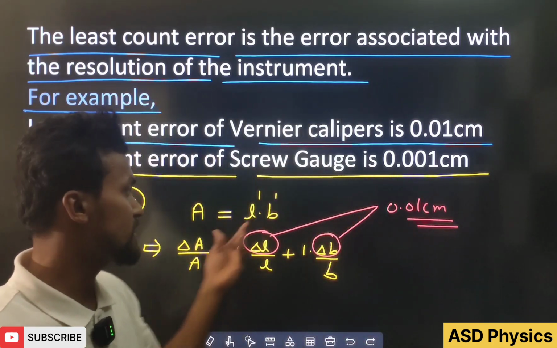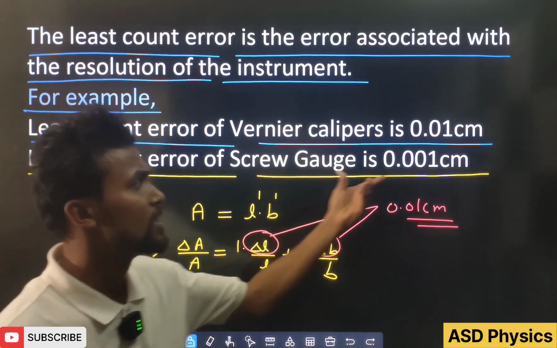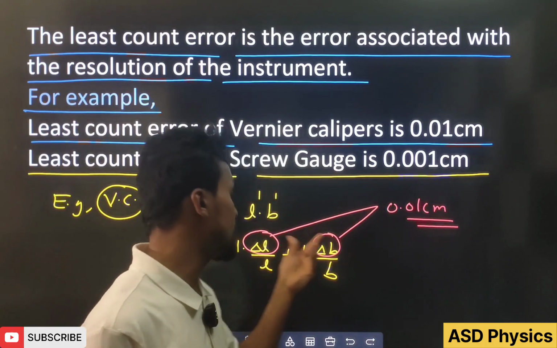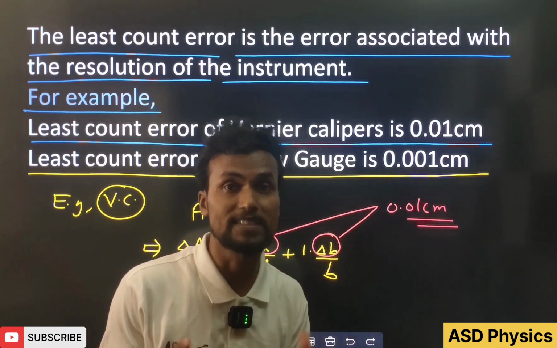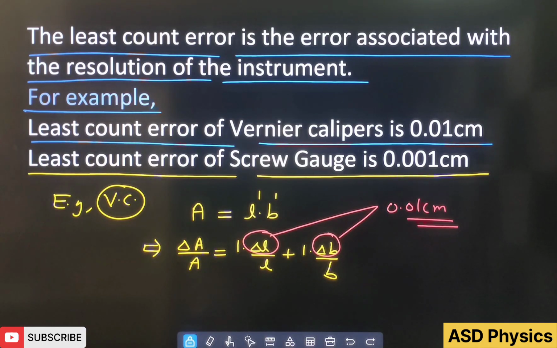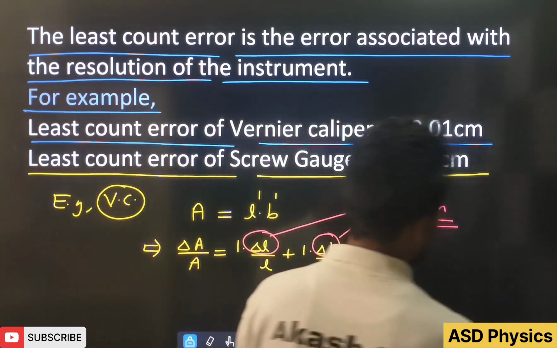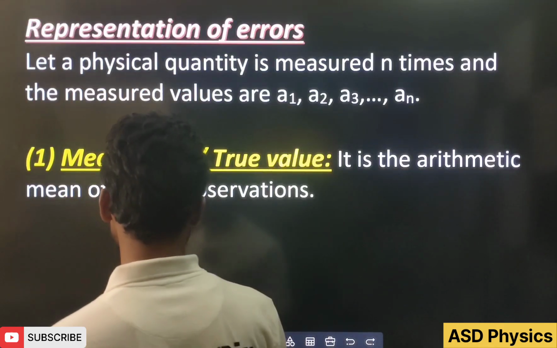Remember that. And if this measurement is taken by screw gauge, automatically we have to take delta L and delta B as 0.001 centimeter. Okay. So if error is not given, we will take the least count as the error.